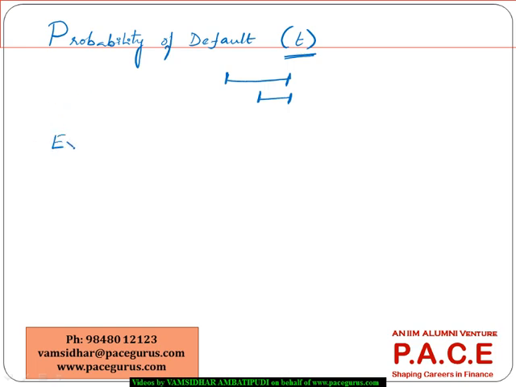Then, on the same lines, the other term that we need to be comfortable with is the exposure at default. When we say exposure at default, it is purely the amount that can be lost in case a default occurs. In case of a loan, whatever amount is still outstanding to be collected is the exposure at default.